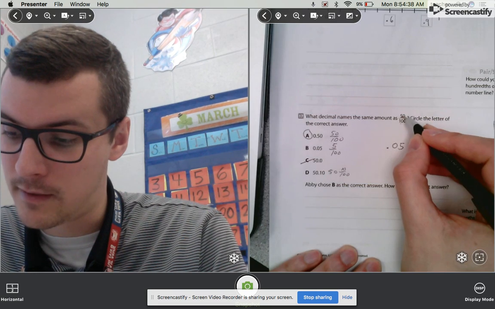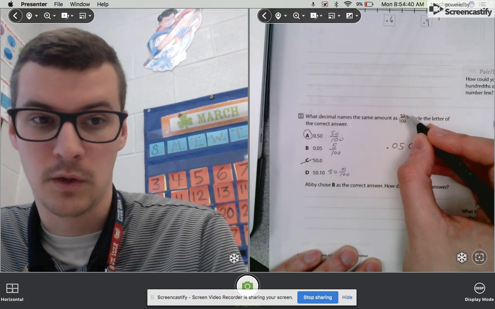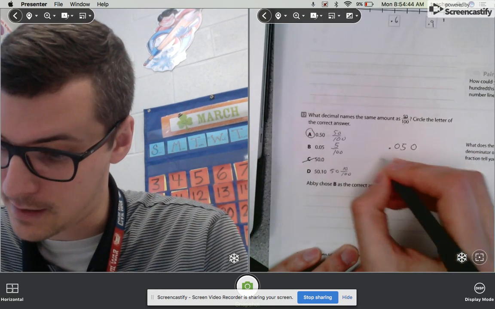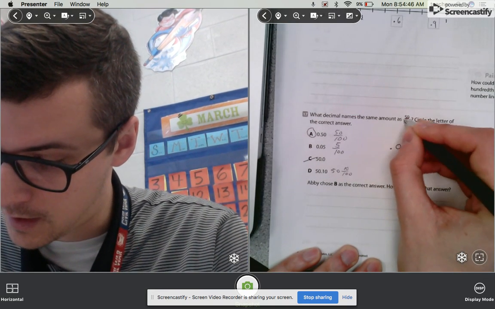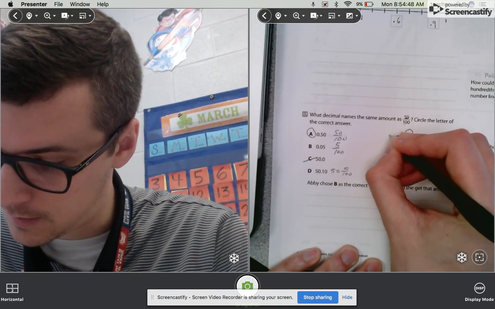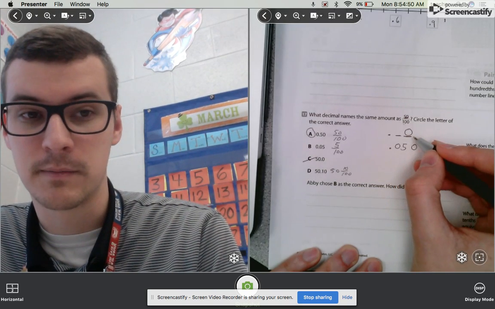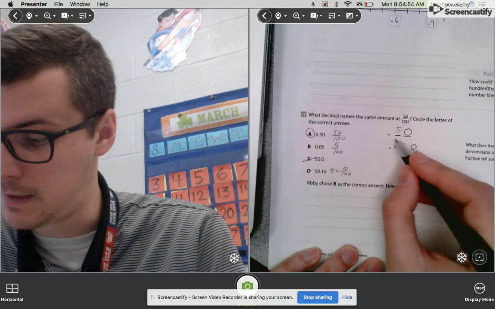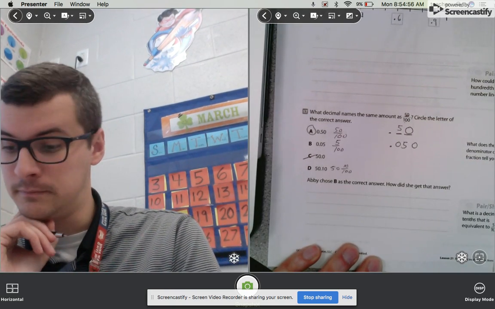So you're going to take whatever would be in your ones place, and it's going to go in that spot. So the 0 has to go in the hundredths position. The 5 is going to go in the tenths position, and you're going to be left with 50 hundredths. Okay.